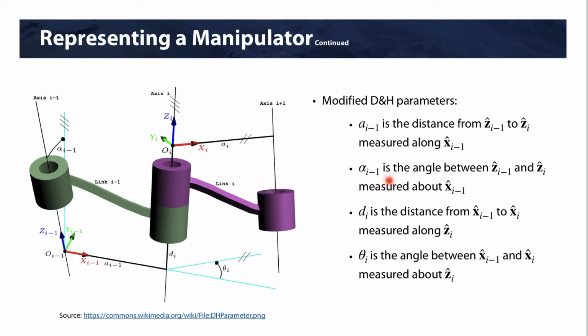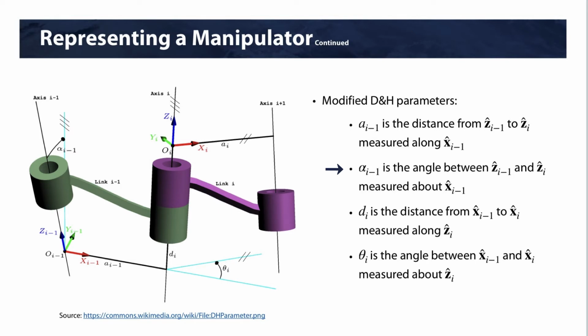Our next parameter is alpha_(i-1). It's the angle between Z_(i-1) and Z_i measured about X_(i-1). You can see that here, that's alpha_(i-1). You find the direction of that rotation using your right-hand rule.